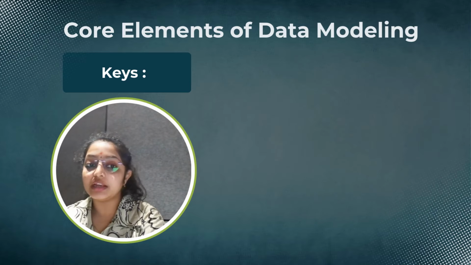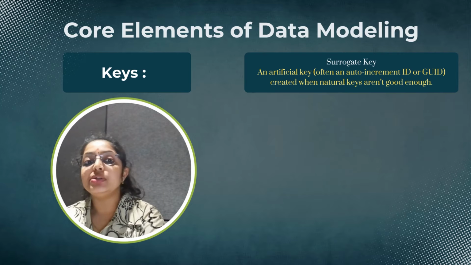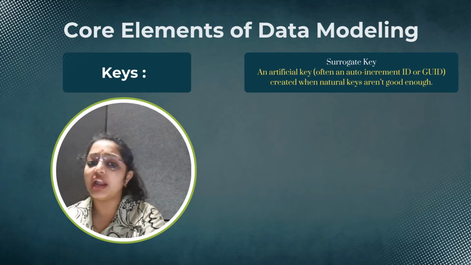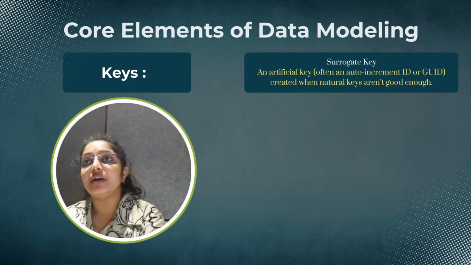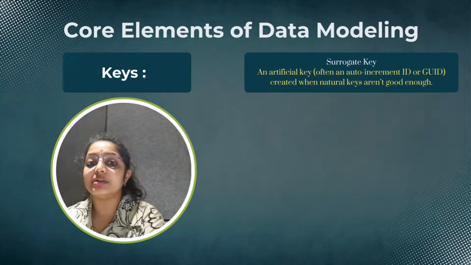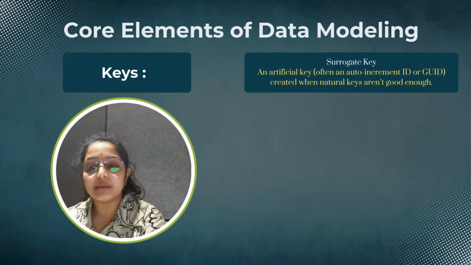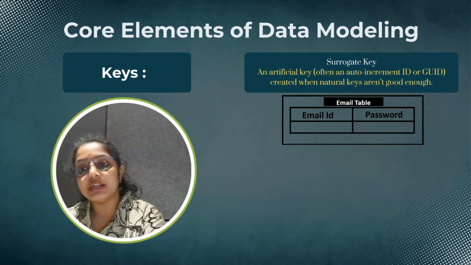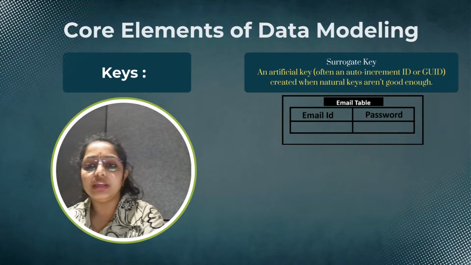And the next thing comes is surrogate key. So this surrogate key is often an artificial key, and this will come into picture when natural keys are not good enough to be declared as a primary key. So for example, imagine like we have an email table, and that email table contains only email address and the password.